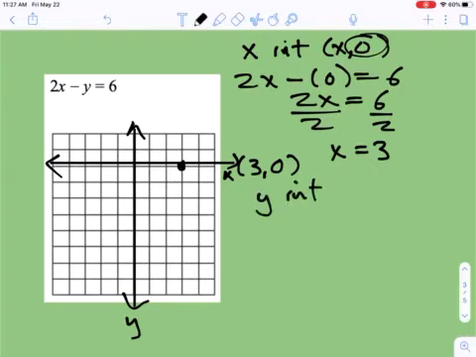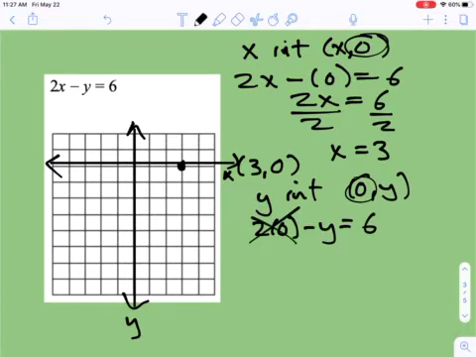For my y-intercept, you're going to make x 0, right? Because it's the point (0, y), so we have to put that in for x. So we're going to go 2 times 0 minus y equals 6. That effectively gets rid of that term, and you're left with negative y equals 6. Notice I couldn't make the negative sign go away because that negative sign belongs to the y.